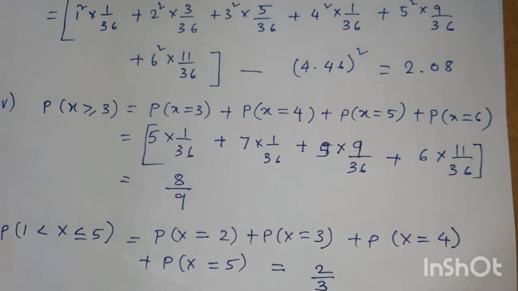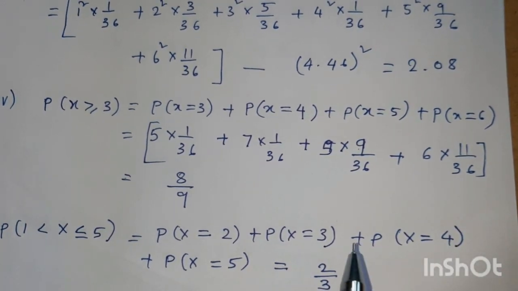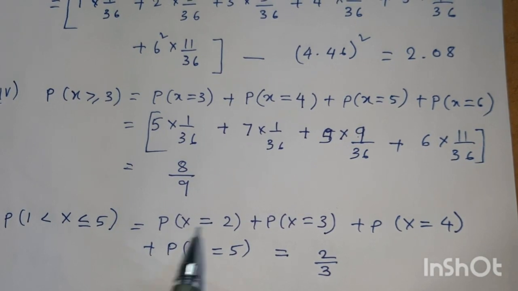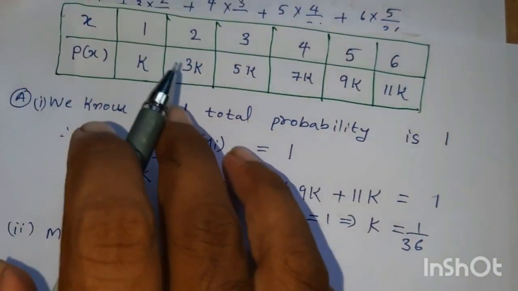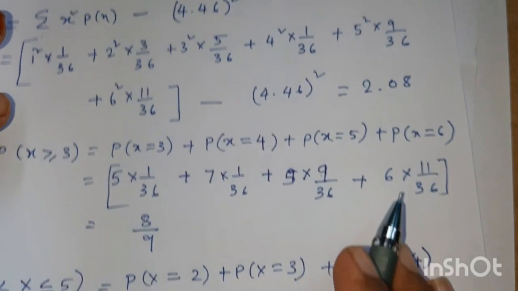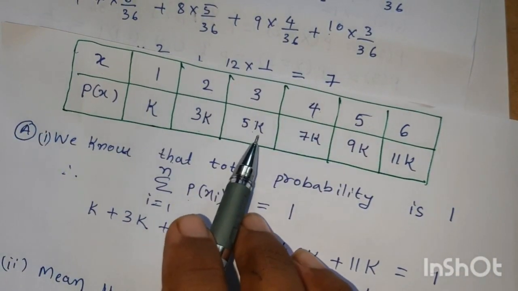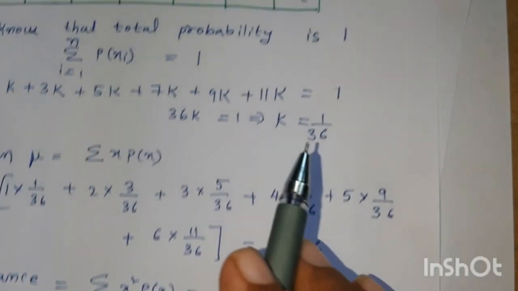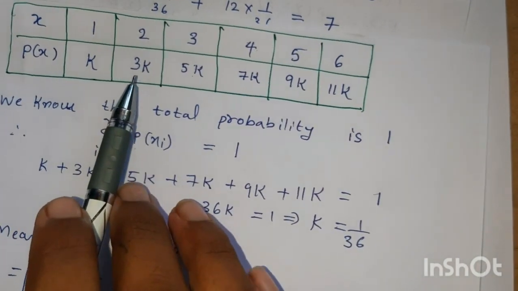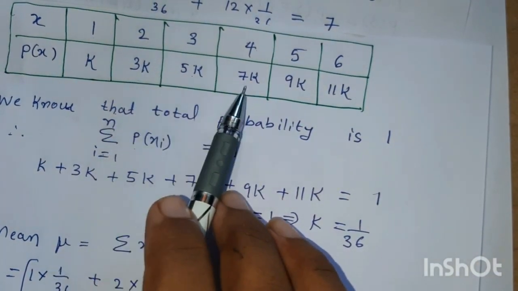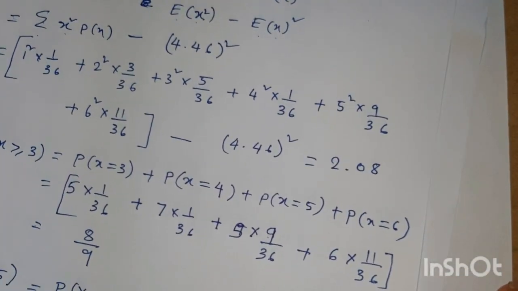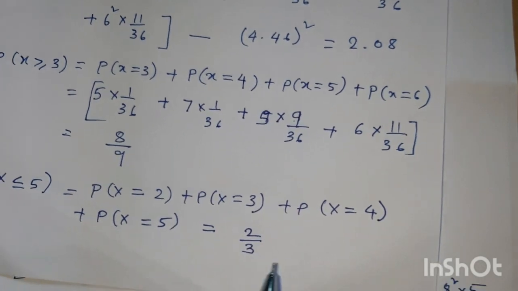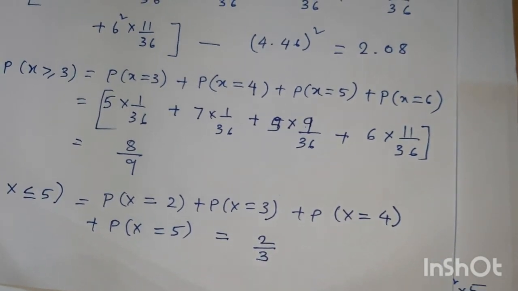P of X equal to 2 means 3k, 3 means 5k, P of X equal to 4 is 7k, P of X equal to 5 is 9k. That is 3k plus 5k plus 7k plus 9k. Replace k with 1 by 36, then we will get 2 by 3 as the solution.